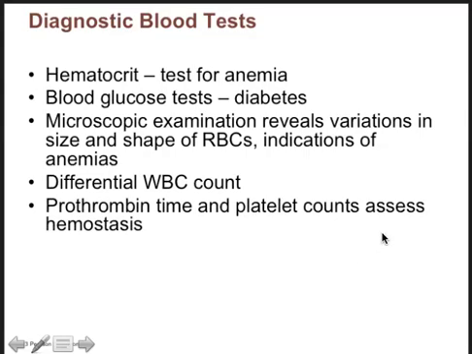Differential white count is used as a diagnostic test to check for the nature of a particular infection. Remember, we talked about the granulocytes and the agranulocytes, which are components of the leukocyte population. And they each have slightly different jobs.